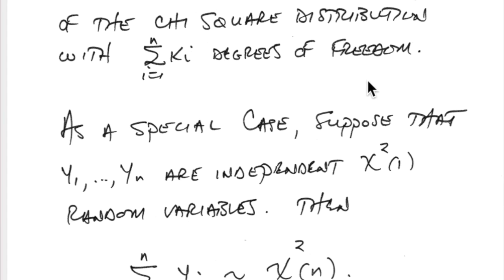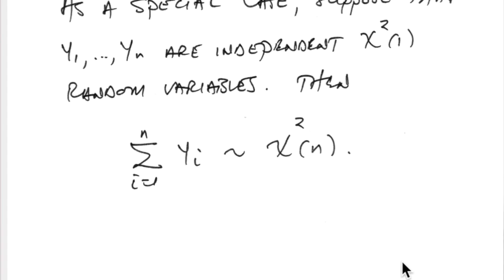Then from this previous result, it follows that the sum of the y's has a chi-square distribution with n degrees of freedom. That can be a helpful result to know in certain theoretical situations where we're trying to find the distribution of some particular random variables. And we may have an opportunity to look at this in subsequent lectures.